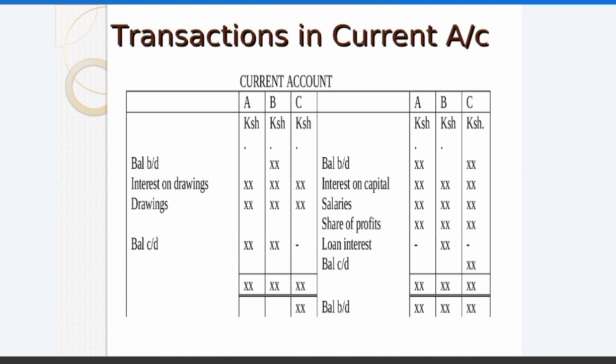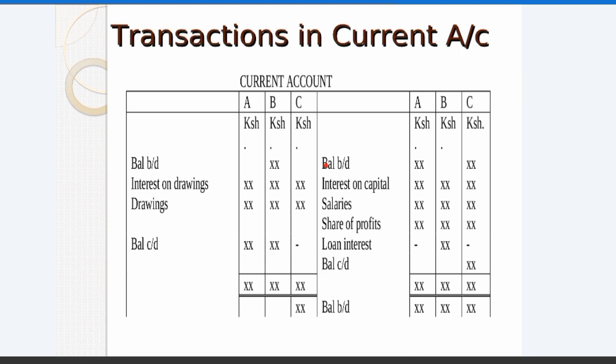So even the current account will reflect the current interest. And remember, current accounts are a form of capital, and therefore you expect them to have a credit balance. That is why you have the balance brought down on the credit side.